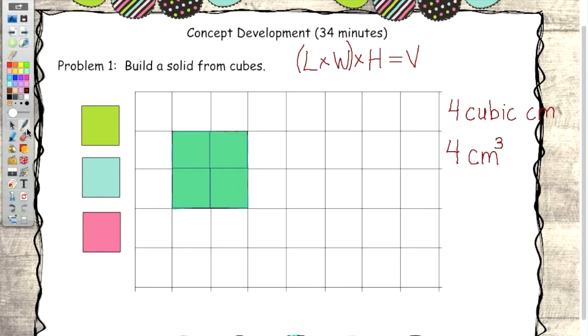Okay, so let's add another floor to this structure, okay? So please don't worry about the pattern, just put 4 more cubes on there.